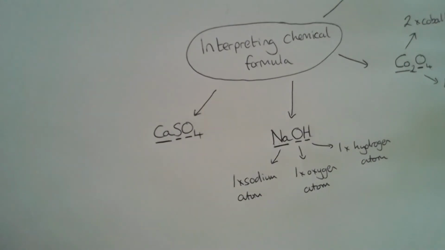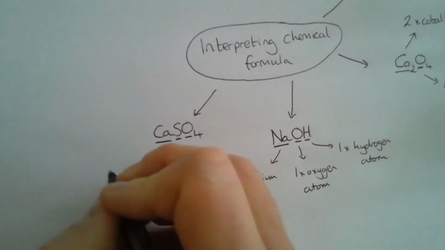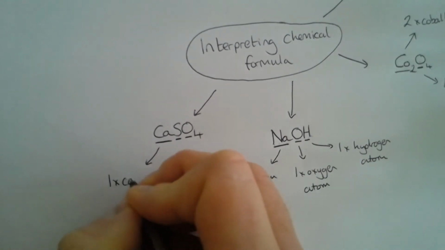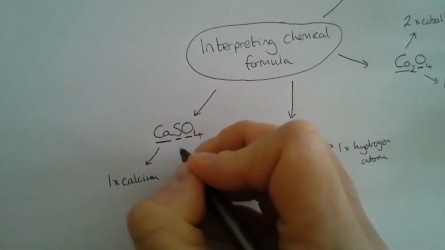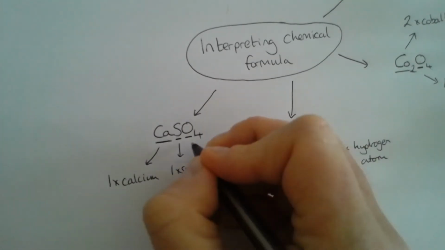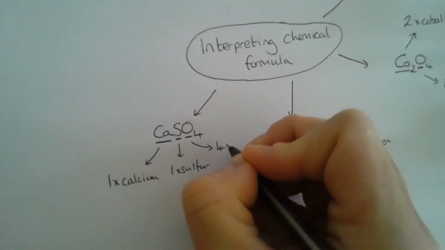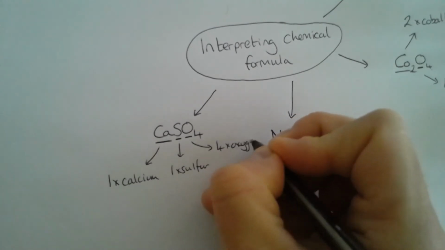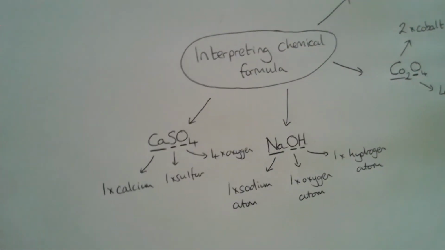So there are 3 different elements present here. And then we've got 1 times calcium, 1 times sulfur atom, and then here we've got 4 times oxygen, and that's calcium sulfate.